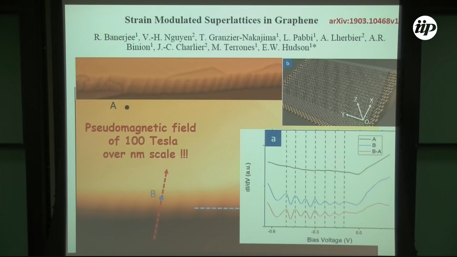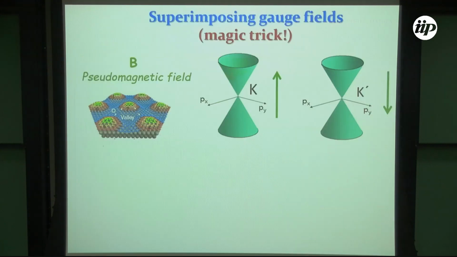And this is one of the latest works already published where they have graphene on a substrate which strains the graphene and they create trenches. And they also estimate 100 Tesla pseudomagnetic field at a nanometer scale. So there is a lot of engineering, and certainly people need motivation or need to measure something to demonstrate that these pseudomagnetic fields are really useful for something.